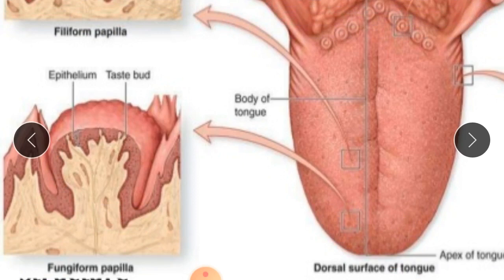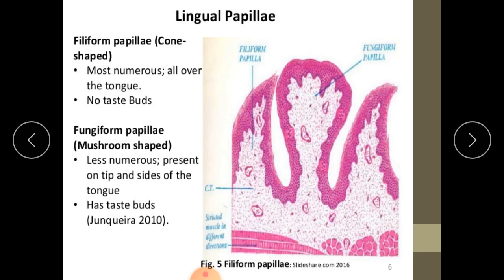The papillae are red in color, being richly supplied with blood capillaries. Fungiform papillae, mushroom shaped, are less numerous, present on the tip and sides of the tongue, and have taste buds.